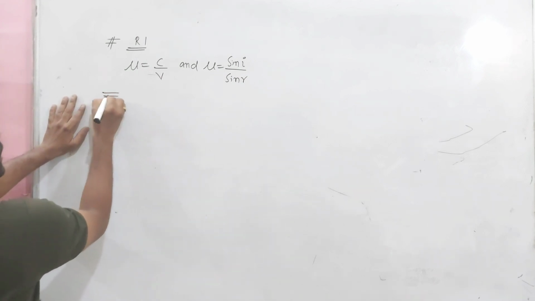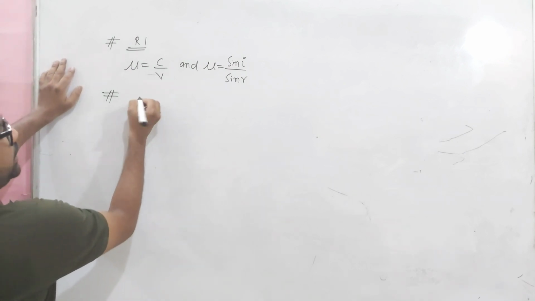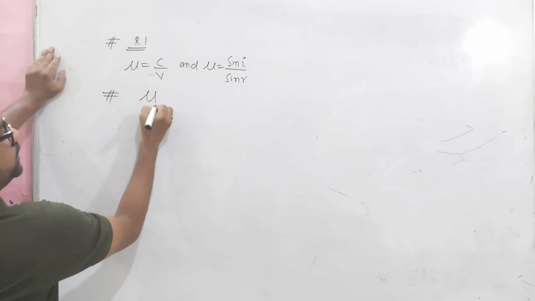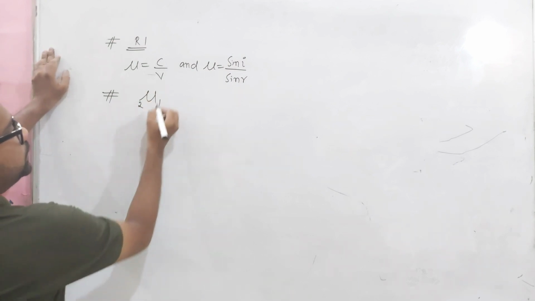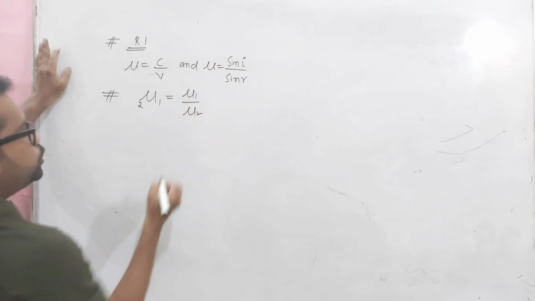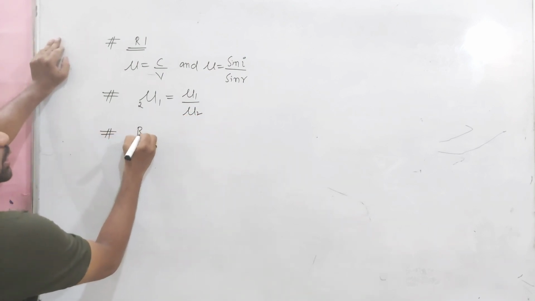And after that, dear children, we discussed relative refractive index, the refractive index of one medium with respect to another medium. This can be written as mu 1 by mu 2. And on which factors does the refractive index depend, children?